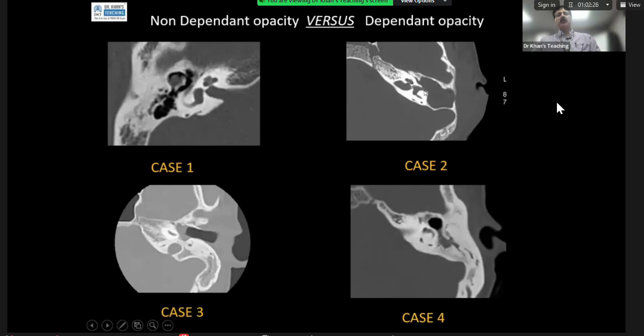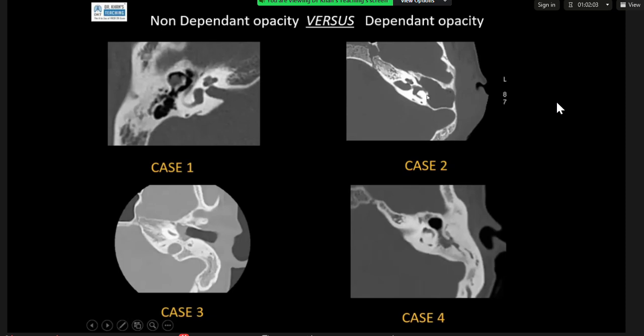What is this structure? Candidate 2? That's the scutum. You see, we are at the level of lateral semicircular canal. This is the lateral semicircular canal, just like this. And on an axial slice, there is a bit of erosion.